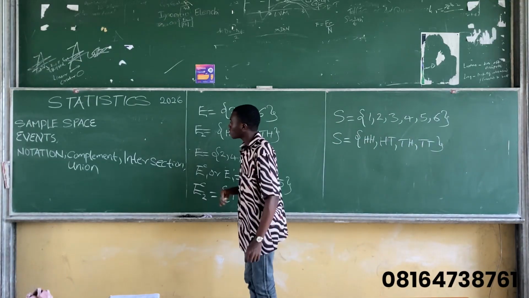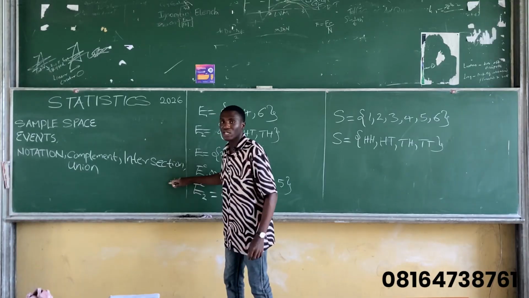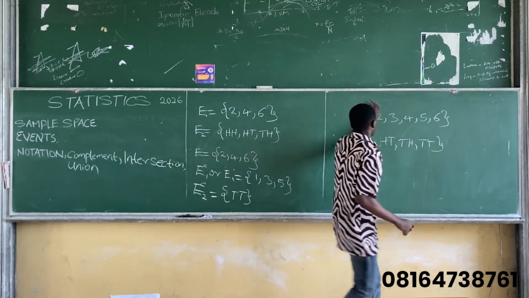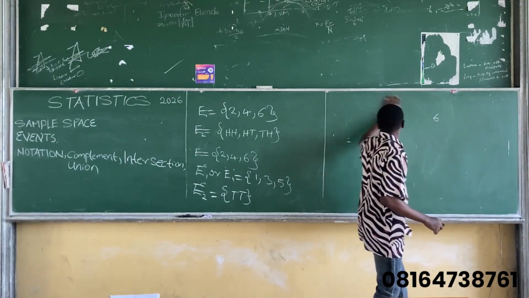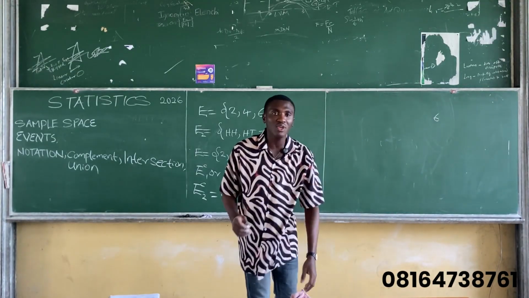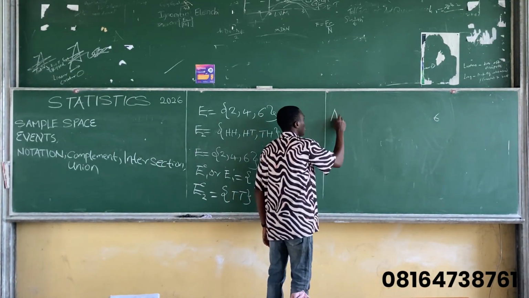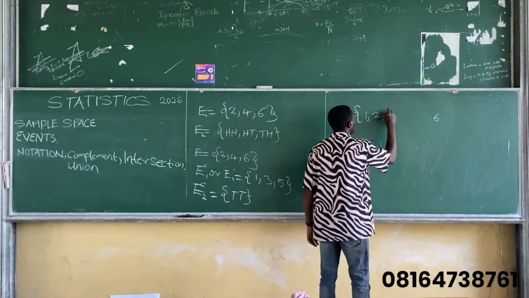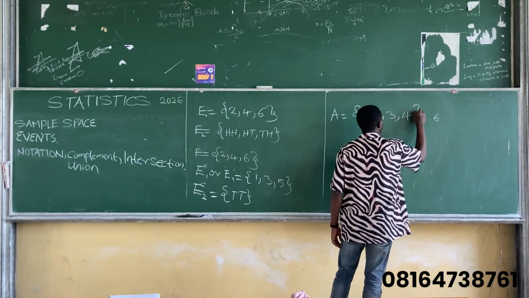Then the next concept being the intersection. Now to look at this, we will consider 2 events. Let's say event A, which is a set of numbers 1, 2, 3, and 4.